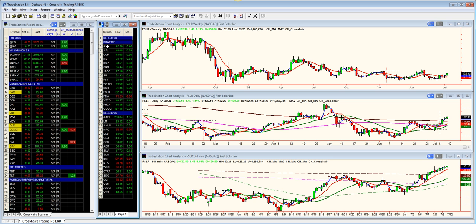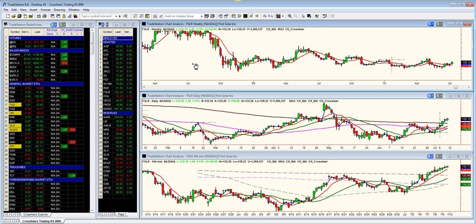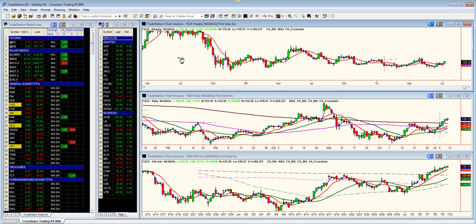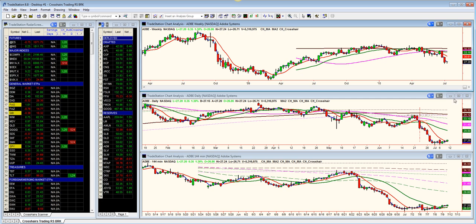Okay, and then deployed simply means these are stocks wherein there has been a stock that was drafted that has now reached a point where it has become a high probability trade due to the other considerations that we look at. There are none right now, but recently there was Adobe. Give you for instance of a down trade.